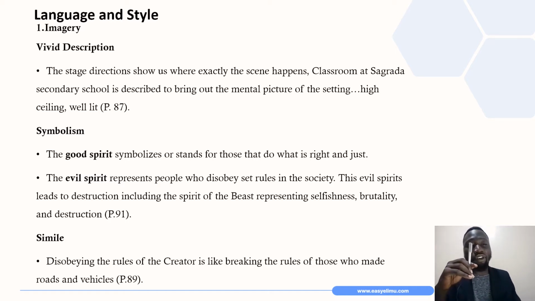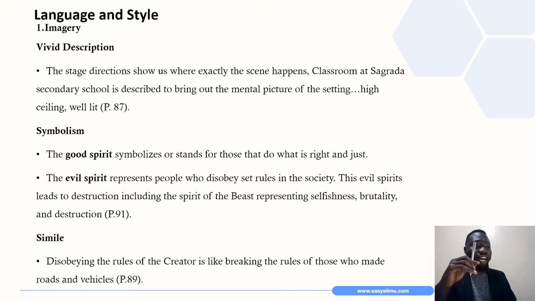Dear students, remember I said that when you are analyzing any given play and you come across vivid description as a style, then simply go direct to the stage directions to look for illustrations, because in the stage directions there is use of words that are visually descriptive, meaning there is the use of words that bring out a mental picture of the setting and the scene.